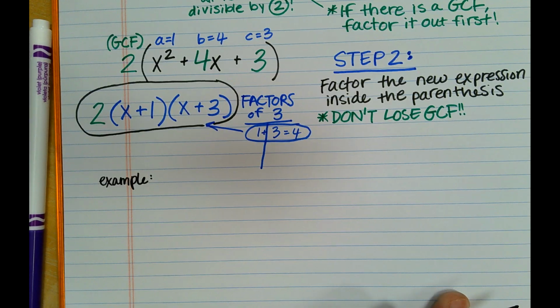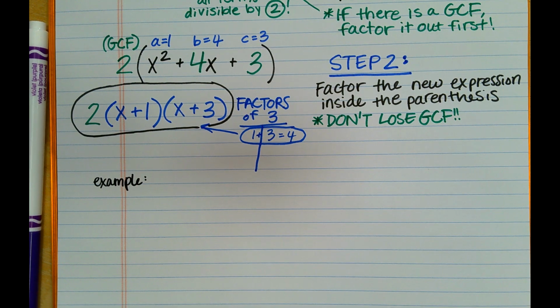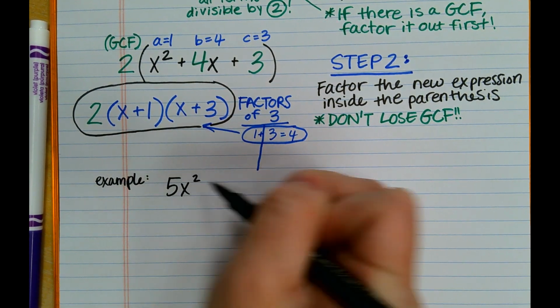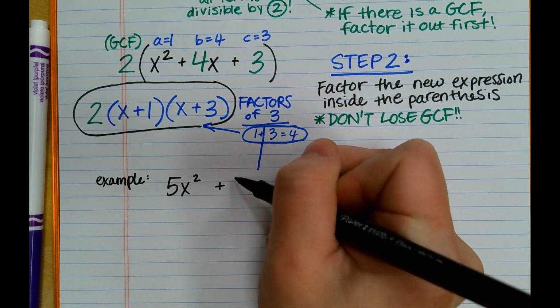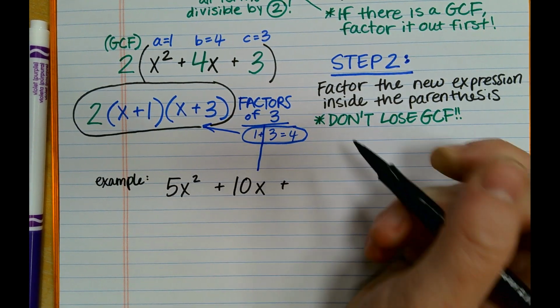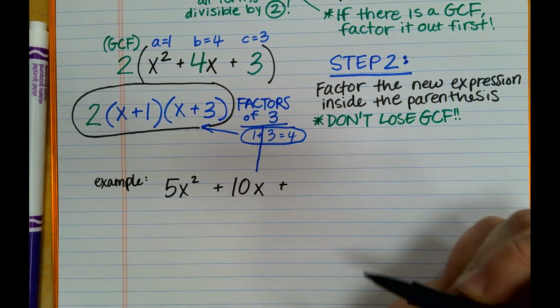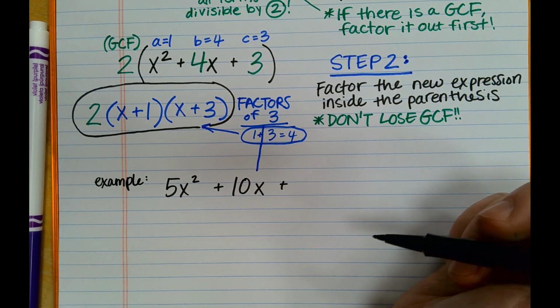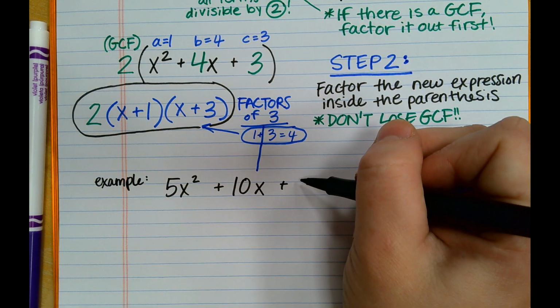Okay, so example again. Make another example. What if I had 5x squared plus 10x plus, I gotta come up with one that works. Tough to do in your head. 20. Let me think.